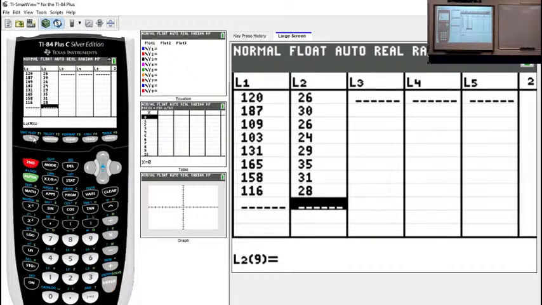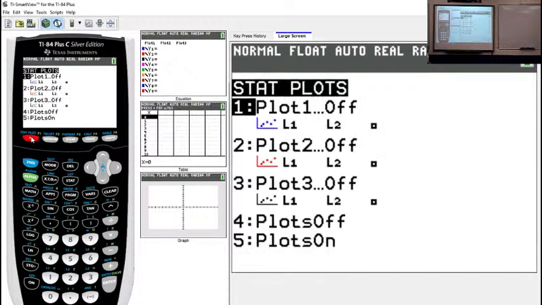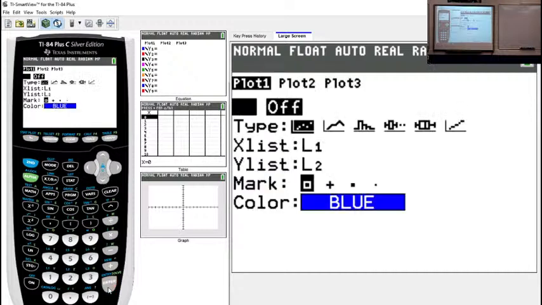And now we're going to hit the same place we use for our box plots and histograms and all that. We're going to go into second and stat plot. Right now it's off. We're going to turn it on. And you're going to select the very first option. That's the scatter plot. X in list 1, Y in list 2.